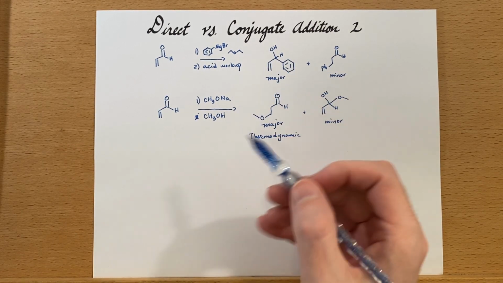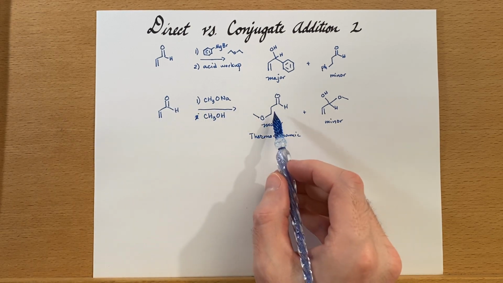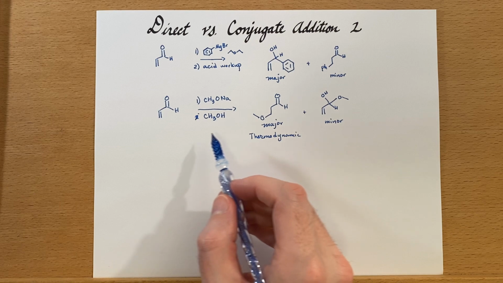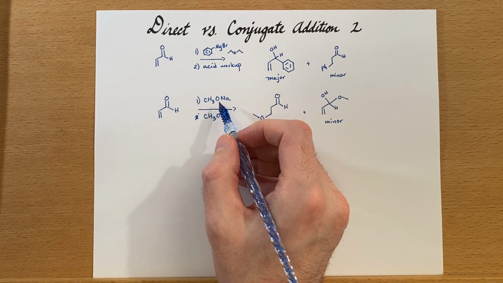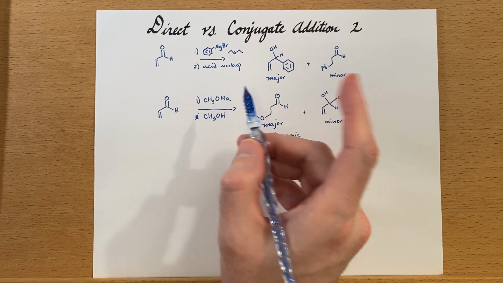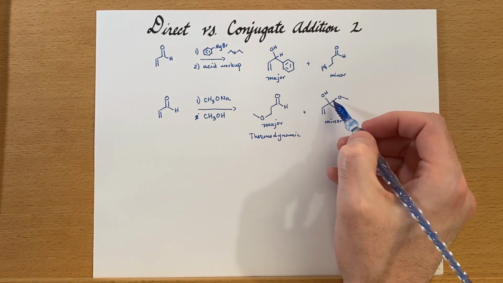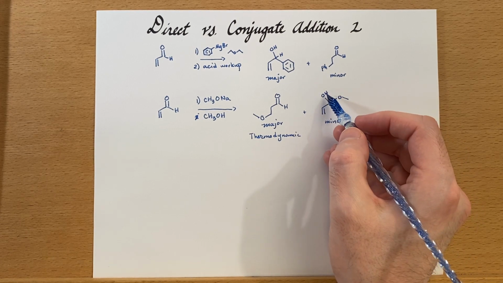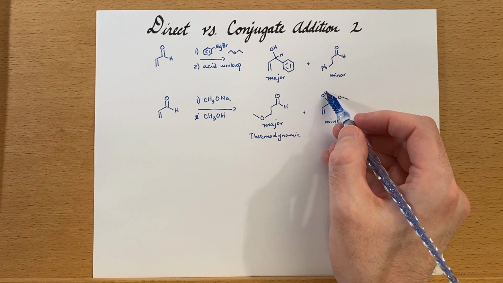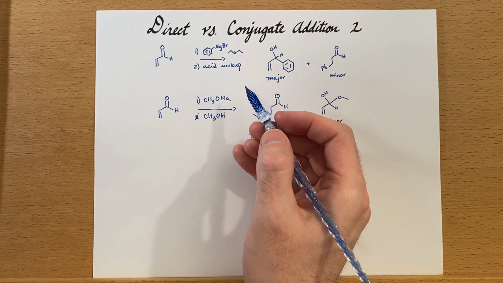Now, in contrast, when we're looking at the thermodynamic product, here we have something that's a lot more stable. In fact, this reaction is reversible. Well, let's think about why. When we make this product, say right here, we've got a negative charge sitting up here on the oxygen.